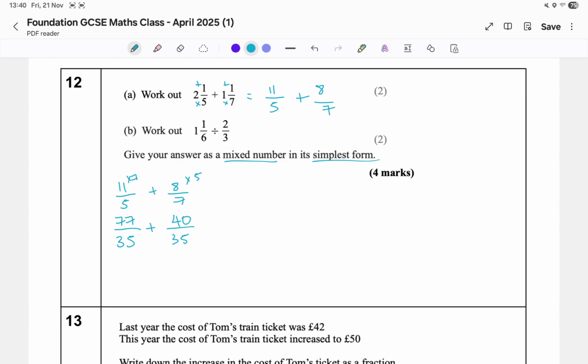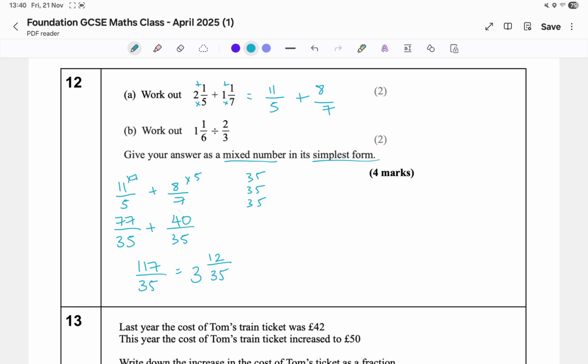Now we can just add them together. 77 add 40 is 117 divided by 35. And I need to give it as a mixed number. So how many times does 35 go into 117? So we can see 35, 70, and 105. That's going to be 3 times, and the remainder is going to be 12 divided by 35.